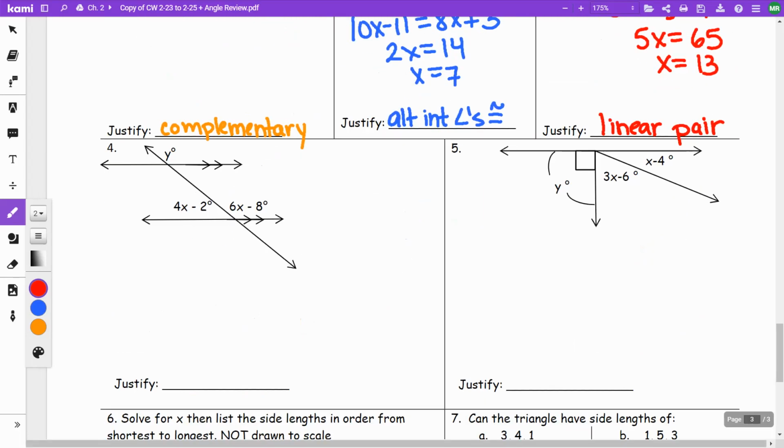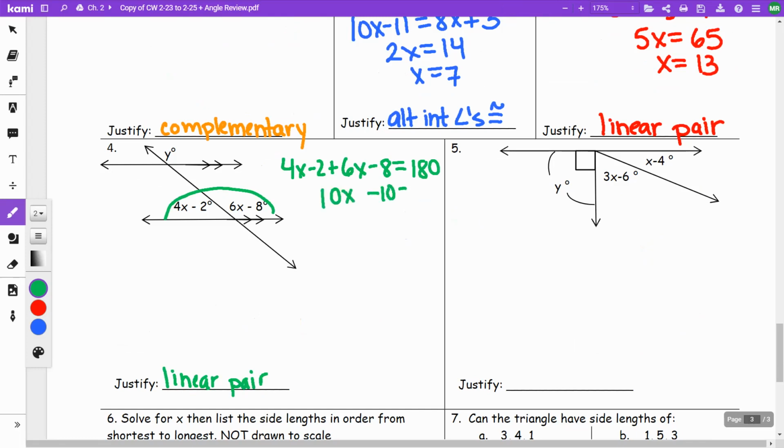On number 4, we have a y and x's here. These two are going to be a linear pair. The green part is going to be a linear pair. And so I'm going to write 4x minus 2 plus 6x minus 8 equals 180 degrees.